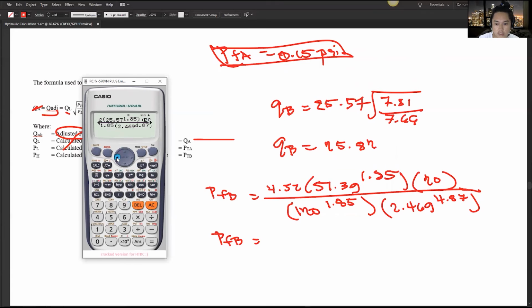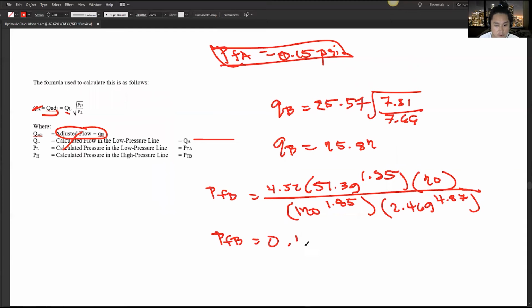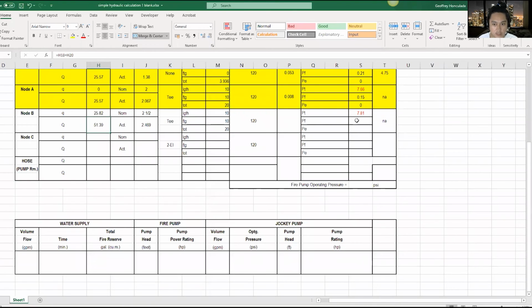We change it, it's the same, but this flow rate is 51.39. So our friction loss here is 0.23. That's in PSI.